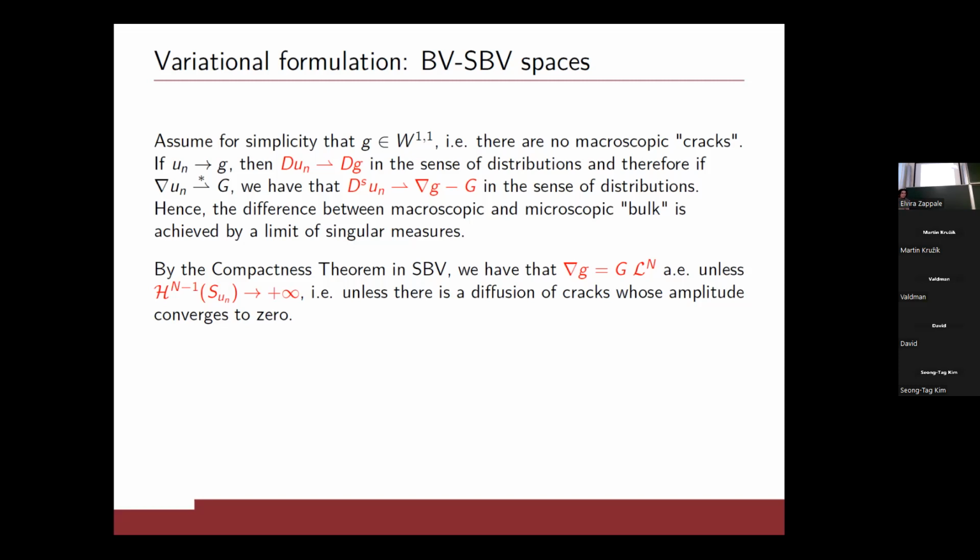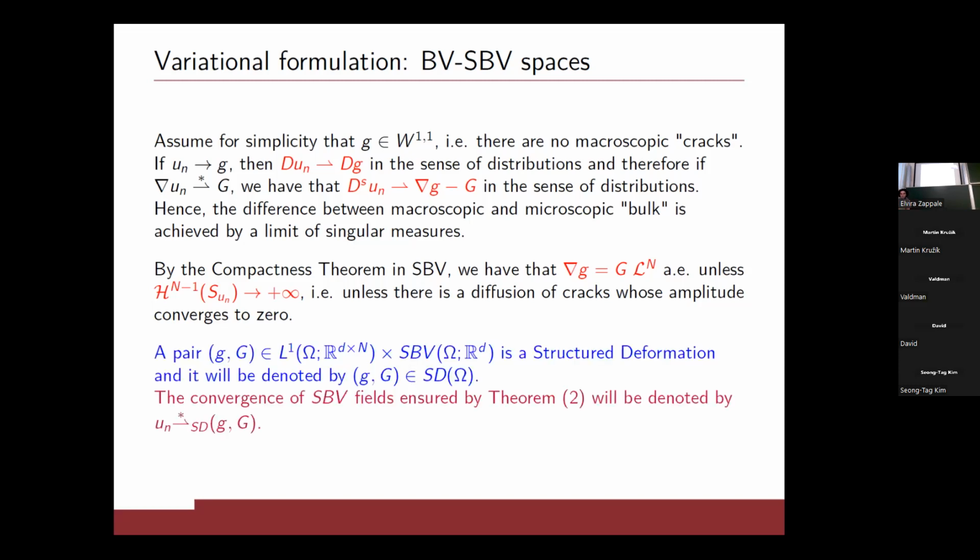So namely, what is important in this approximation, to really have that your field capital G differs from nabla g, is that you want the singular set of the simple deformation, so S(u_n), to essentially get an infinite length. Otherwise, you are obliged to have that nabla g is equal to capital G.